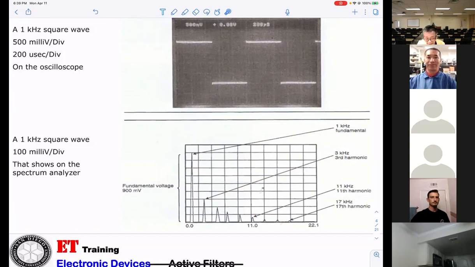So when they want to calculate the bandwidth, you have to ask them which harmonic you want up to. If they say 11th harmonic, then you take 11 minus 1, and you get 10 kilohertz. This is the display you see on the spectrum analyzer.